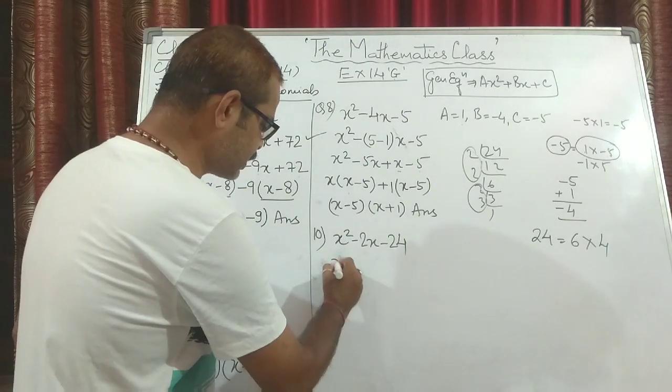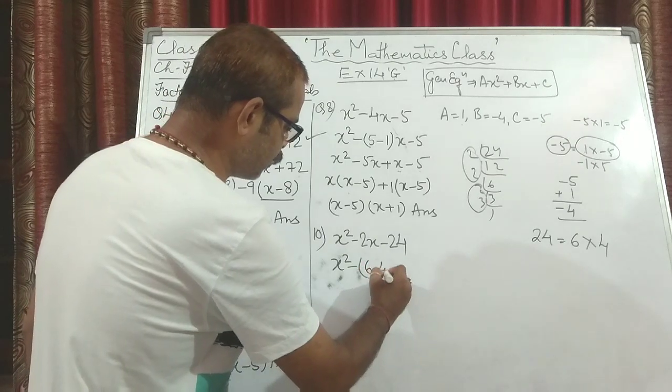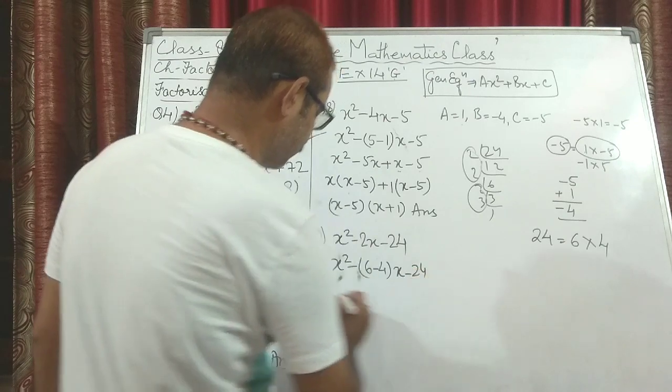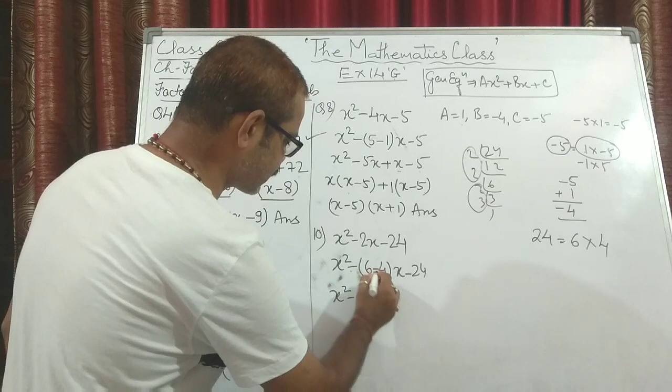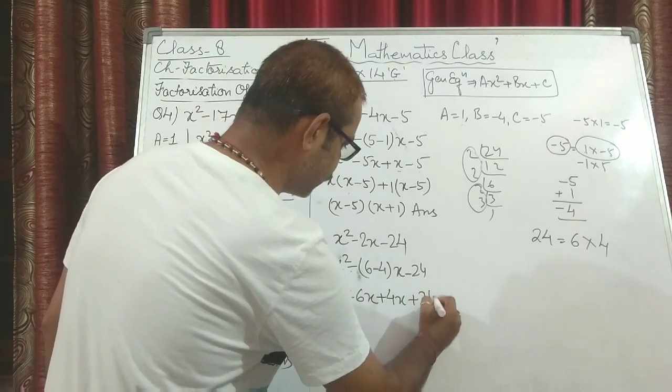Now x square minus 2x can be written as 6 minus 4, because we know the factors, into x minus 24. So x square minus 6x, minus and minus is plus 4x minus 24.